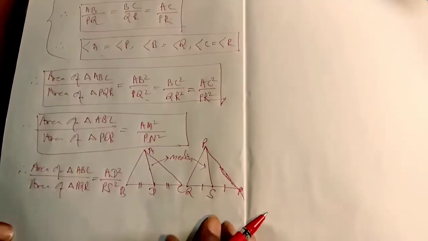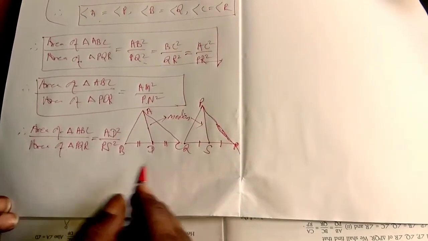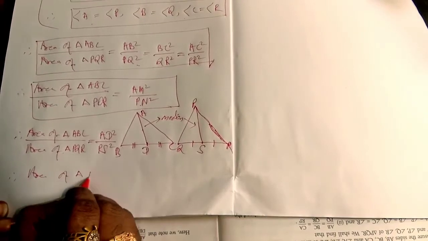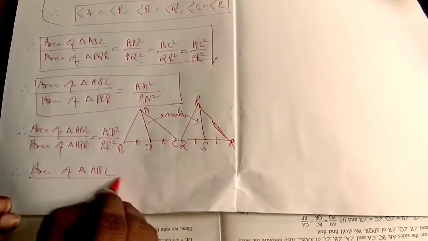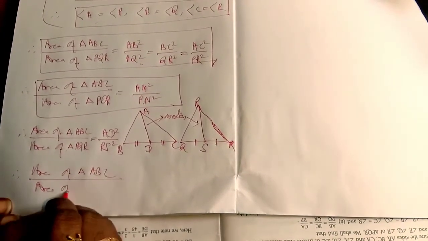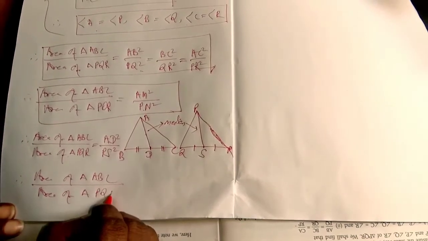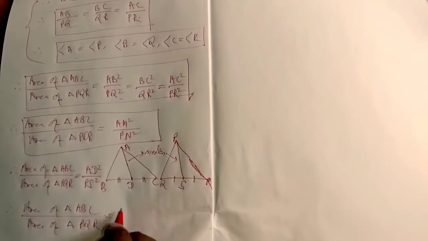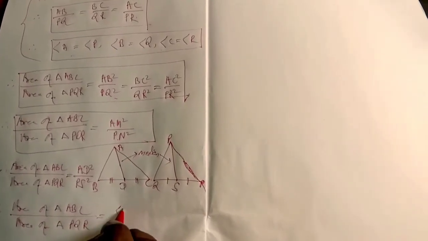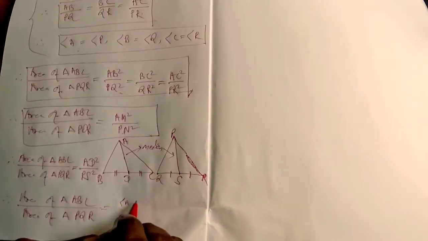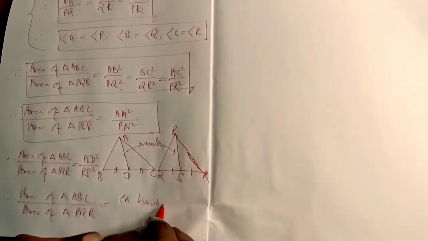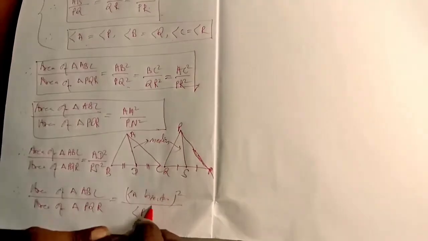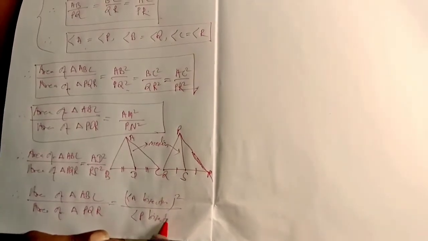And the last one is, if the two triangles are similar, then area of triangle ABC divided by area of triangle PQR will be equal to the angle A bisector whole square divided by the angle P bisector whole square.